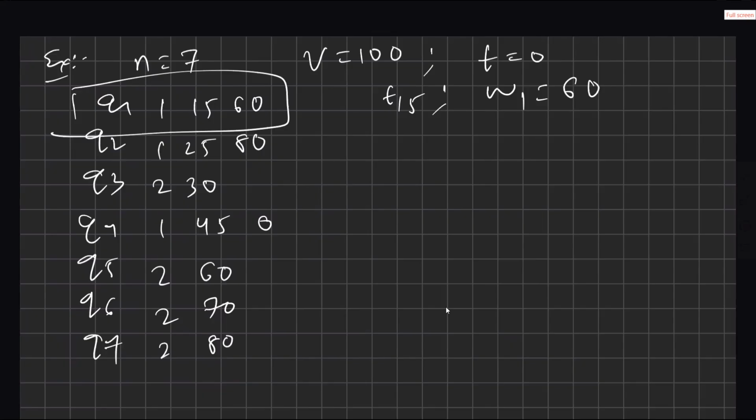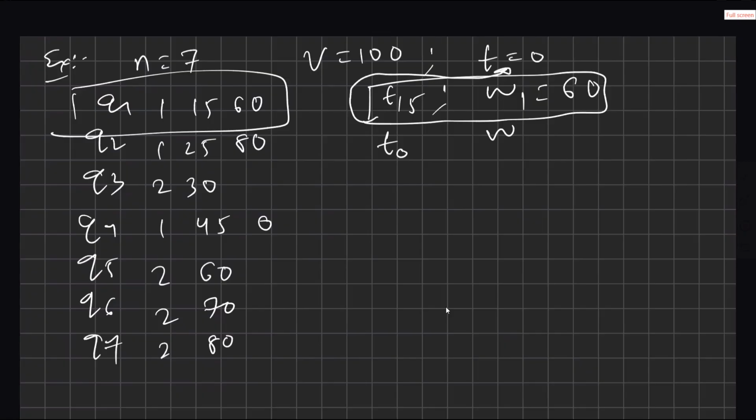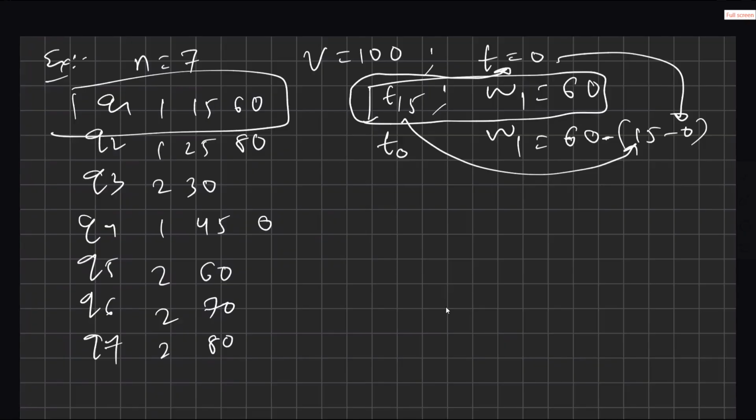I'll take the reference of time equal to 0, which means, for this particular battery at time 0, what would have been its voltage. So I'll subtract 15 minus 0. We are referencing with 0, so right now the charge is 60, but 15 units back, this would be the charge of the battery.